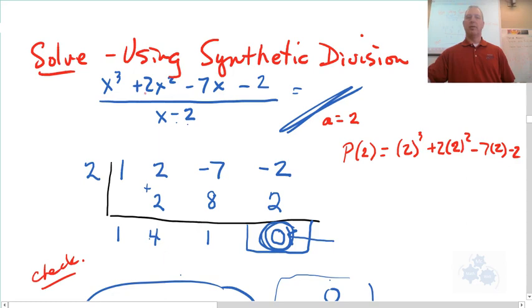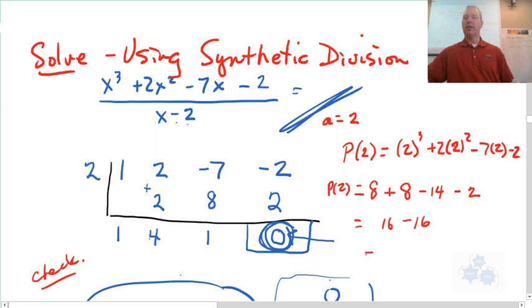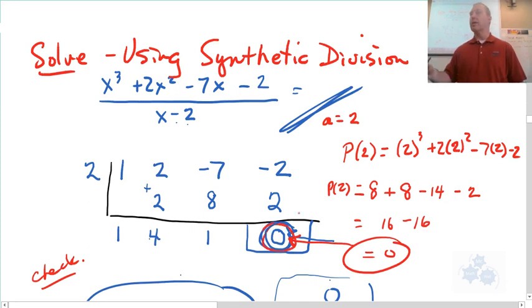I've just plugged 2 in for the x. So p of 2 is 8 plus 8 minus 14 minus 2. 8 plus 8 is 16. Negative 14 minus 2 is minus 16. So look at that. We get 0, and that's the exact number that we got in our synthetic division.